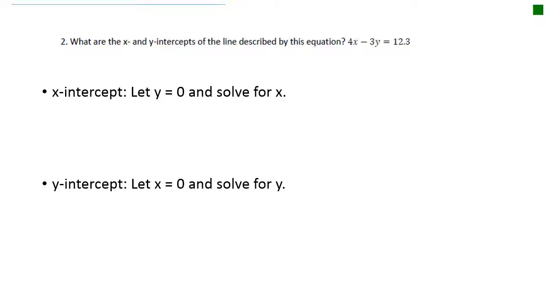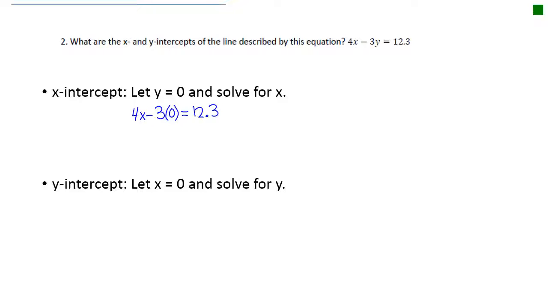What that means is wherever we see y in our original equation, we'll replace it with 0. So we'll have 4x minus 3 times 0 is equal to 12.3.